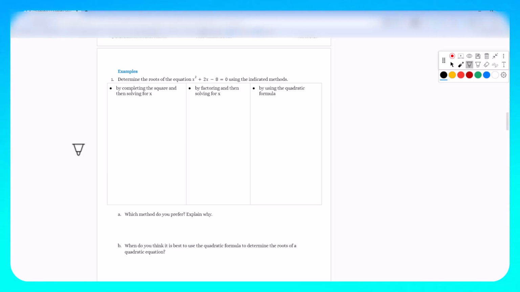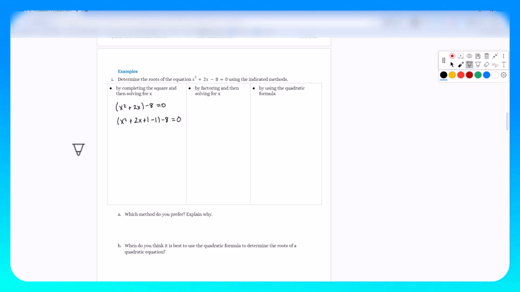So by completing the square, the first thing I'm going to do is bracket off the first two terms. Then I'm going to divide the b by 2 and square it, which just happens to be 1. I'm going to add 1 and subtract 1, and there we go.